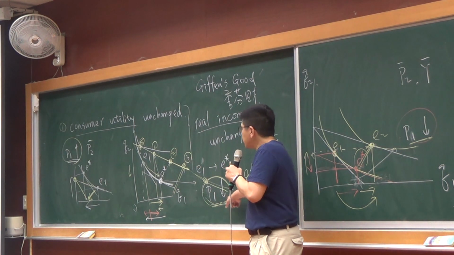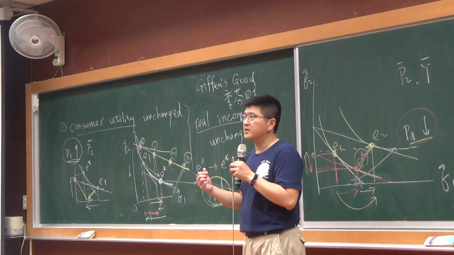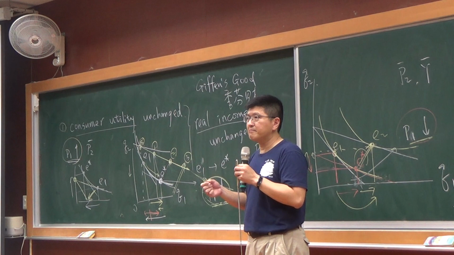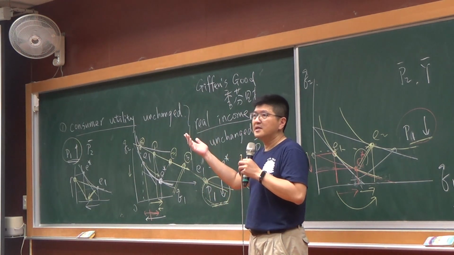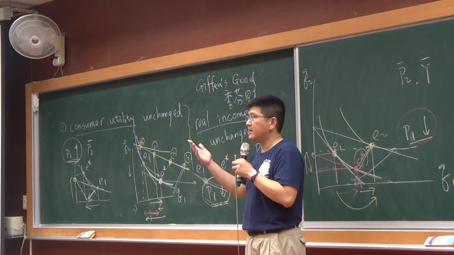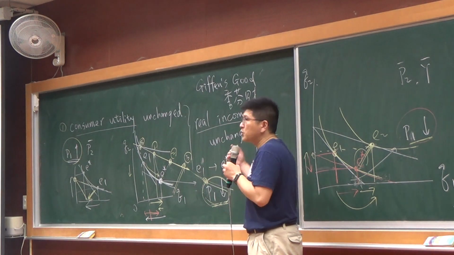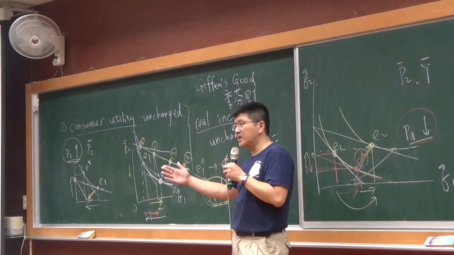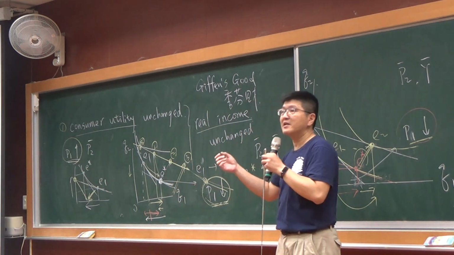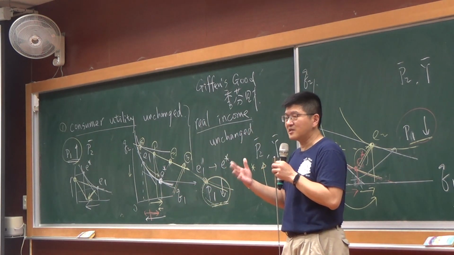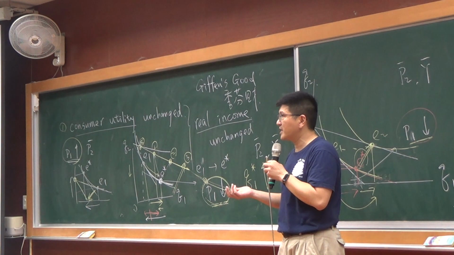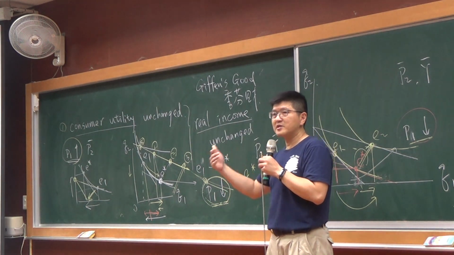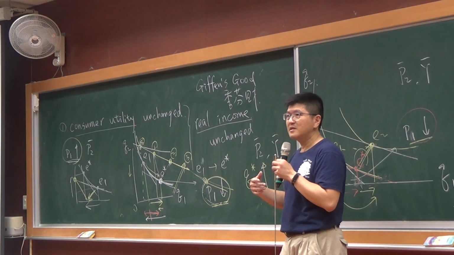But at the same time, because something is cheaper, your real income must be higher, right? Your real purchasing power must be higher. However, if good one is an inferior good, you have a higher income, you consume it less. This is the definition of inferior good, right? Your income increased, but you consume less, right?